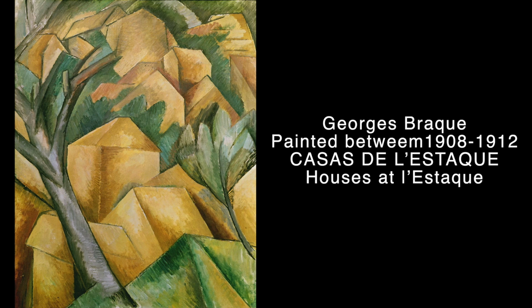It's actually a landscape, and he was one of the very first people who started breaking apart his paintings into geometric shapes, to create this cubistic looking landscape in France.